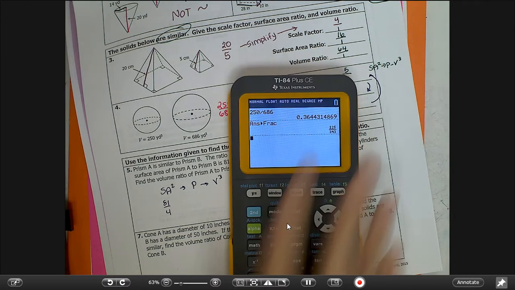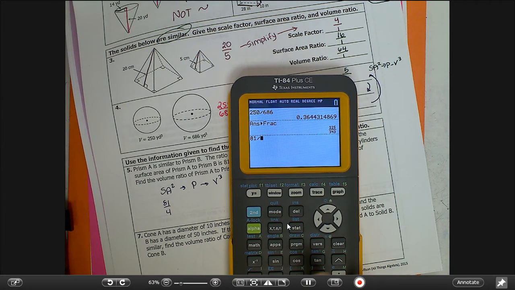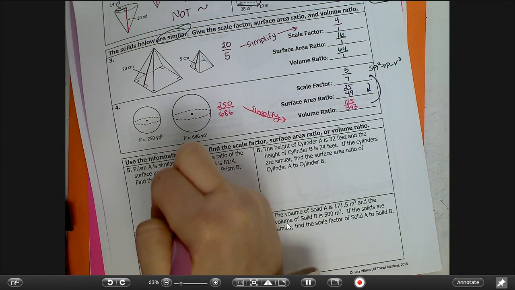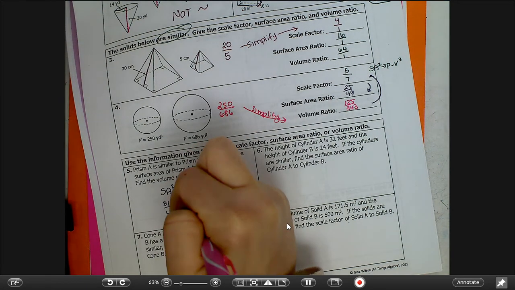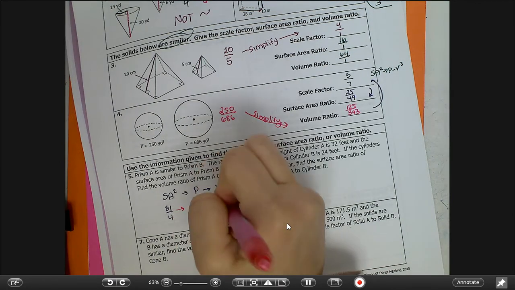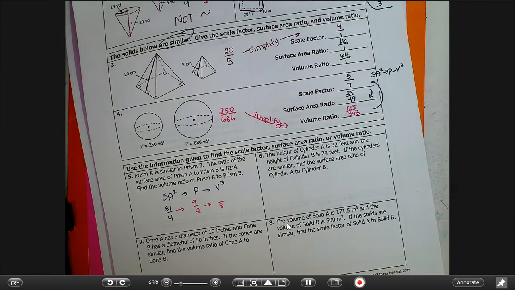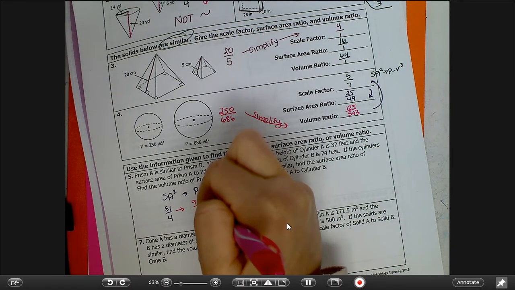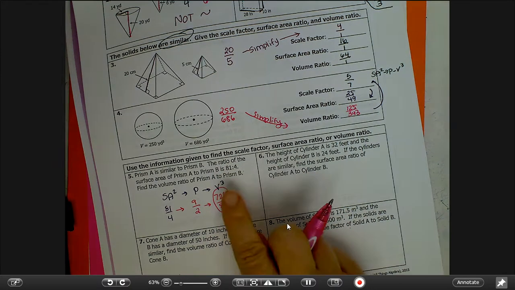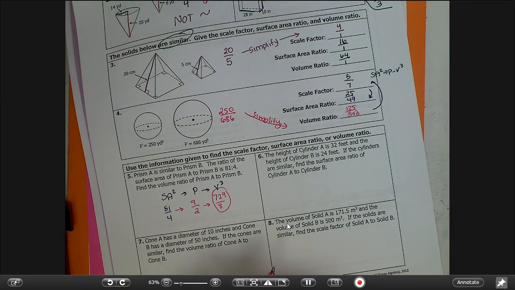Check to make sure that you're simplified, although since it gave us scale factor, it is. And let's move through the worlds. Surface area to plane, square root, 9 over 2. Now cube. You know that's 8. 9 cubed is 729. So the surface area scale, or volume scale factor, is 729 to 8.